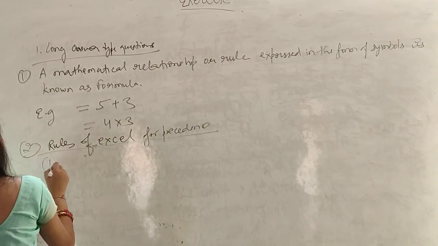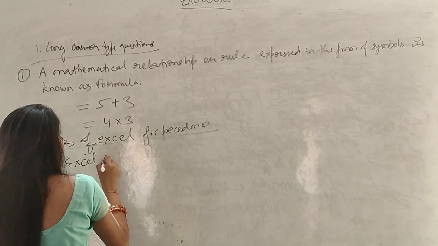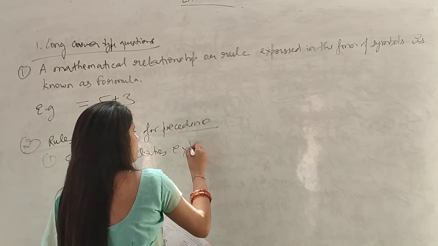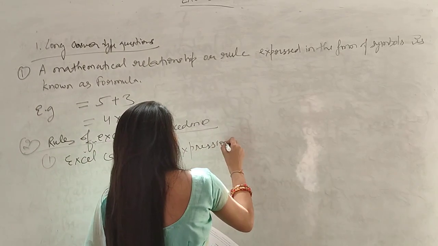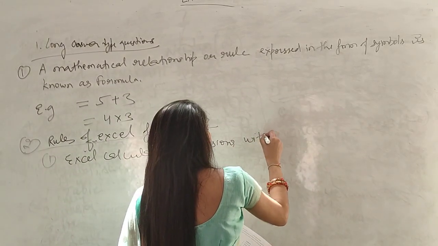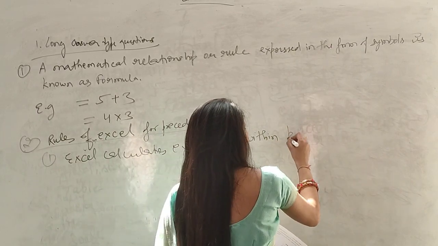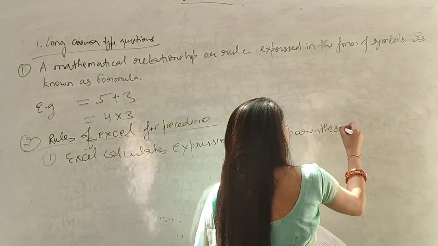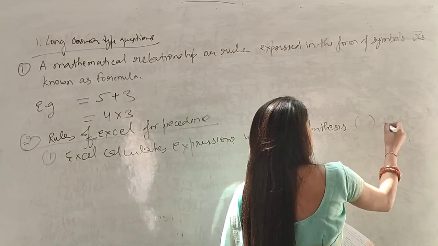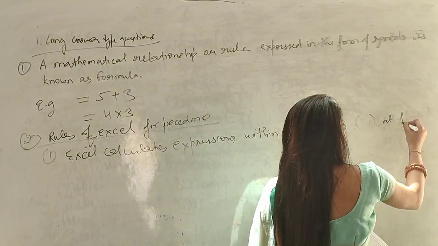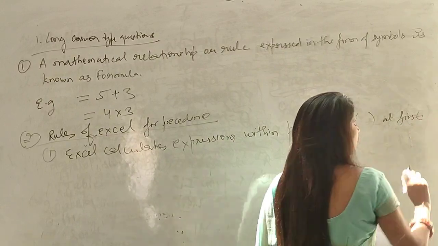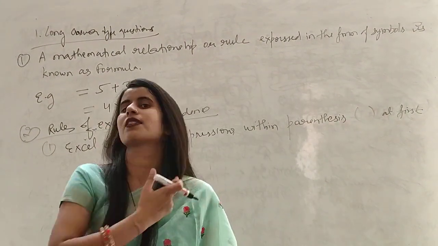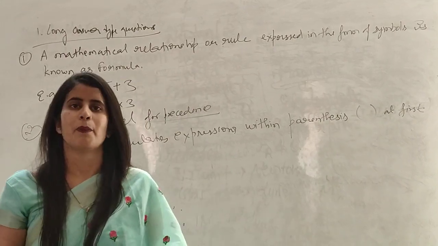The first one is Excel calculates expressions within parentheses. These are the parentheses at first. Means the first task is to evaluate the expressions that are inside the parentheses.